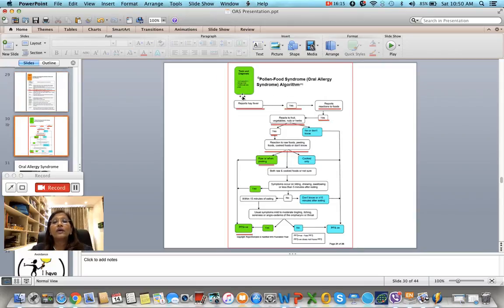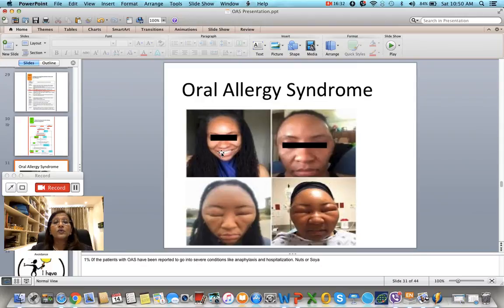The flow-down went to that she reported hay fever and reaction to various foods, and it was raw foods when she had eaten, and the diagnosis was made of food associated oral antigen syndrome. So, oral allergy syndrome: as soon as you consume the fruit, you would suffer the reaction.